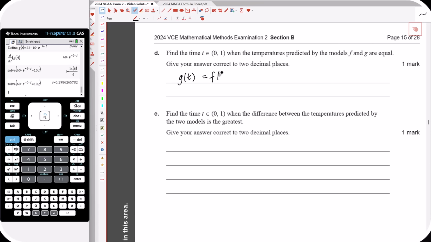Now I'm going to see how my CAS will go solving the piecewise function. Let's see. Menu 3 1, G of t equals F of t for t. Let's put that domain restriction, given that it's not inclusive of 0. So 0 is less than t, which is less than 1.